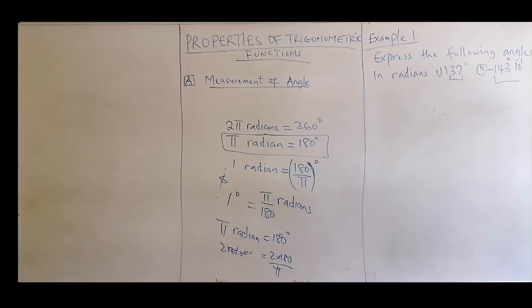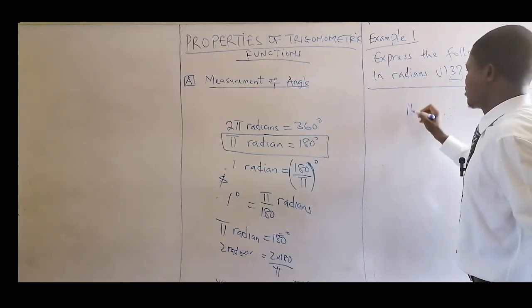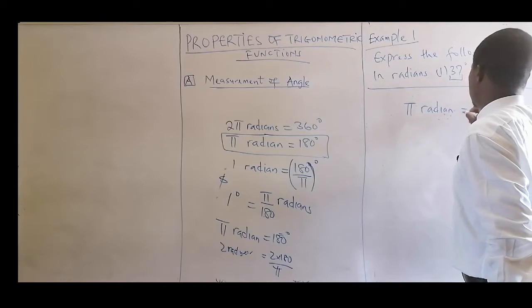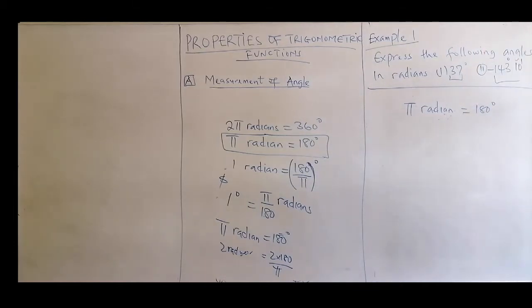So what we can do, without even wasting our time looking at the formula, is go back to the statement that pi radians is equal to 180 degrees. And which side you are given degrees, that's 37 degrees, and you want to get the radians. It's very simple.